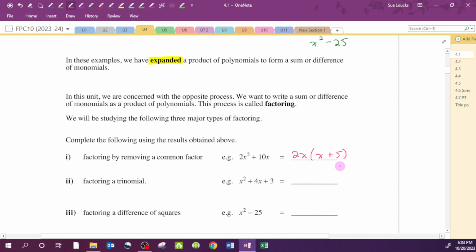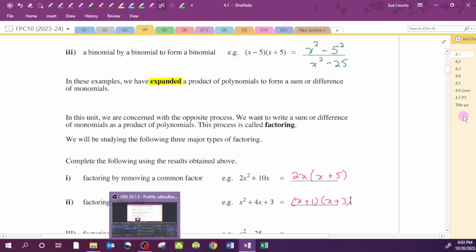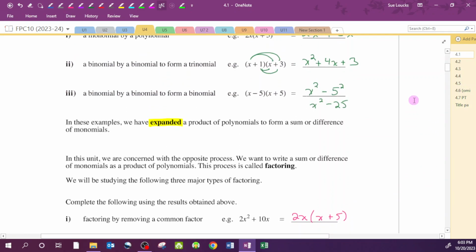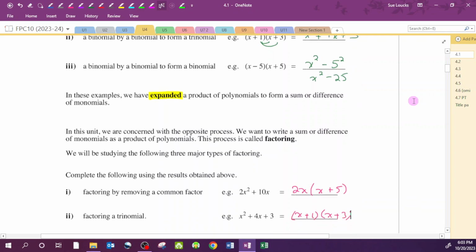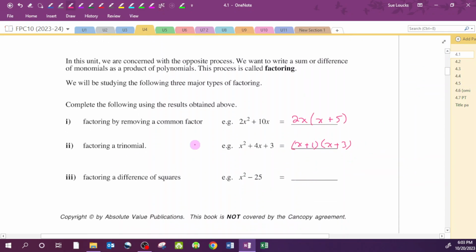In this one, you don't know how to do this yet, but we're going to learn. This is going to factor into x plus 1 times x plus 3, which we know because just up here, that's how we got x squared plus 4x plus 3, by multiplying these two together. And this is a difference of squares, and we factor that into x plus 5 times x minus 5.